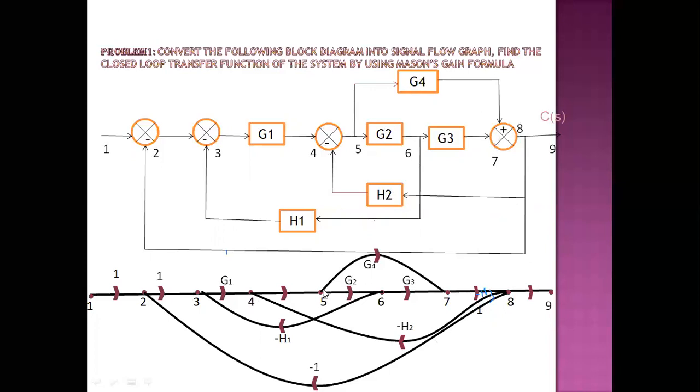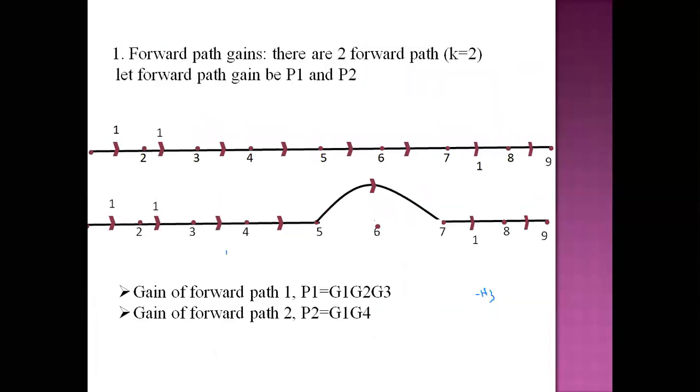So now I connected node 5 and 7 with the forward path gain G4. Likewise, we have to connect all the nodes with their corresponding forward path and feedback gains. Once we have the signal flow graph, we can use Mason's gain formula to find the overall transfer function of the system as we solved the previous problem.